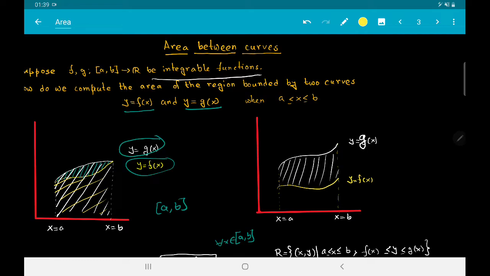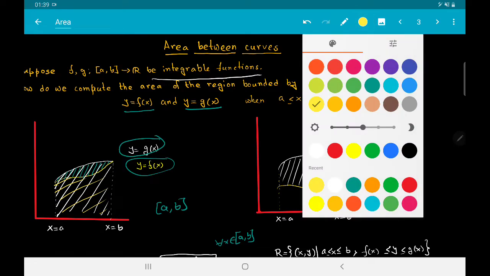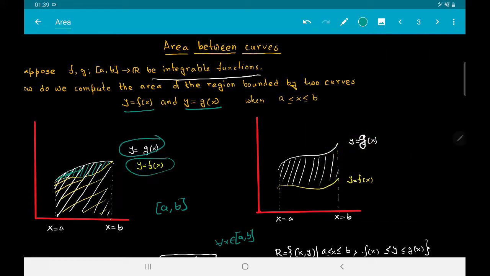So it is quite intuitive that the area of this region, which is shaded in green now, is the difference between the area of the region shaded in white and the area of the region shaded in yellow.